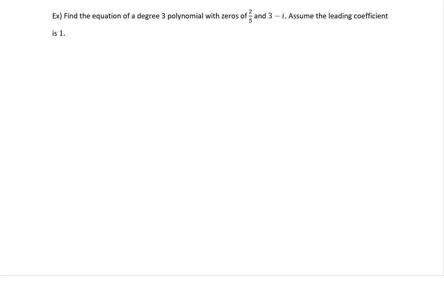In this example, we are asked to find the equation of a degree 3 polynomial with zeros of 2/5 and 3 minus i. Assume the leading coefficient is 1. Well, remember, if we're given the zeros, we can go backwards and find the factors. So the function f of x would have the factor x minus 2/5 times x minus the binomial 3 minus i, but 3 minus i is imaginary.